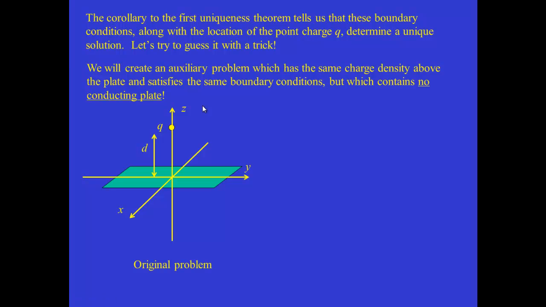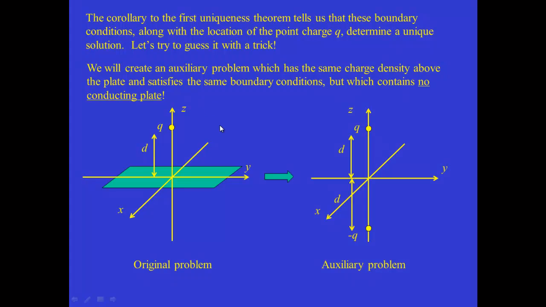So here's the idea. We replace the original problem with an auxiliary problem that still contains the original point charge, but now removes the conductor and instead introduces a negative Q charge the same distance below the origin that the original charge was above it.